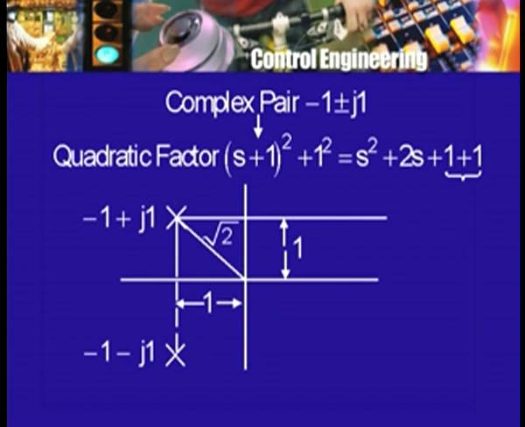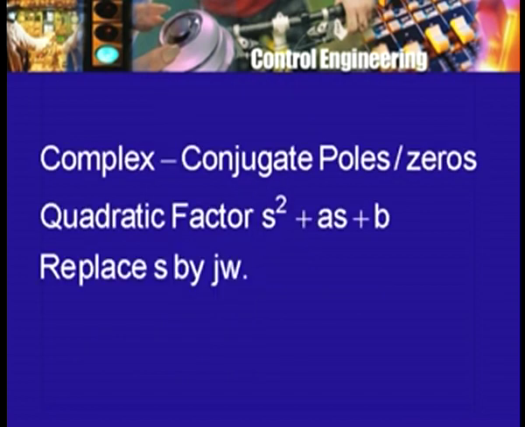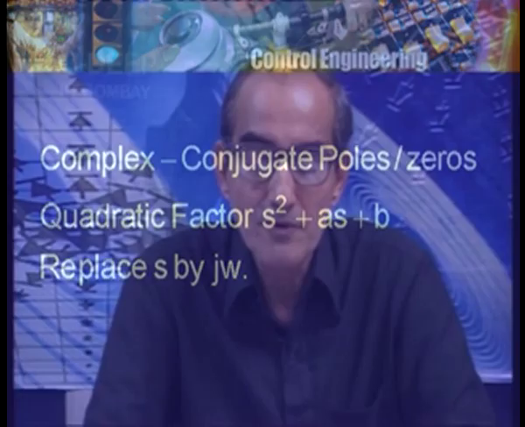So, the corner frequency in this case, if we have not written the expression in the form of a quadratic already, and we may not do it because we may just have the pole-zero diagram, then it is not necessary to write it in the quadratic form. The distance of the complex pole or complex zero from the origin gives us the corner frequency. So, that is the corner frequency in this case.